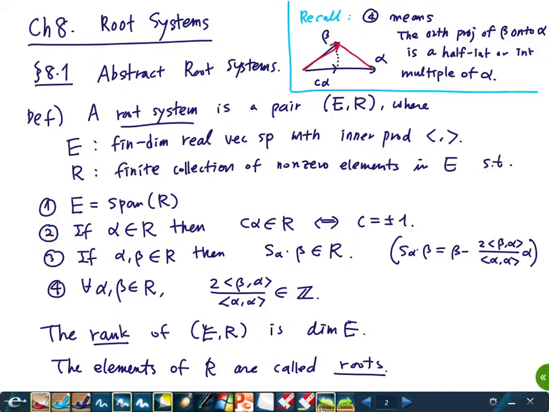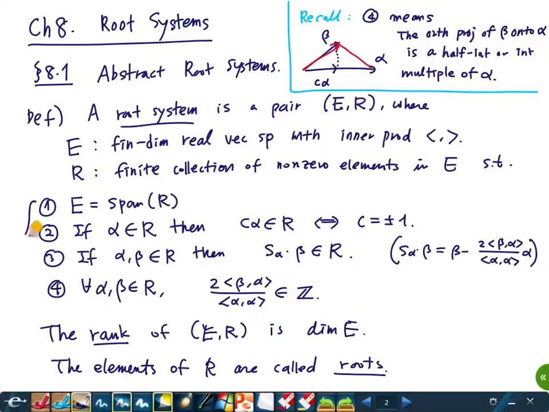But these are just technical terminologies. In this chapter, we will always consider root systems with all of these conditions. If you go to some talk in combinatorics or algebra, you may hear crystallographic root system, and that means 4 is included. In this semester, we only consider reduced crystallographic root systems. But these are just technical terminologies, so you can forget about them if you are not interested in this.